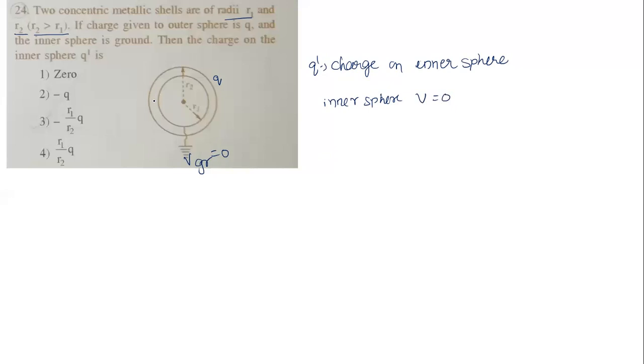Now that inner sphere is inside the outer sphere. As we know, the electric potential inside always remains constant, equal to its value on the surface.